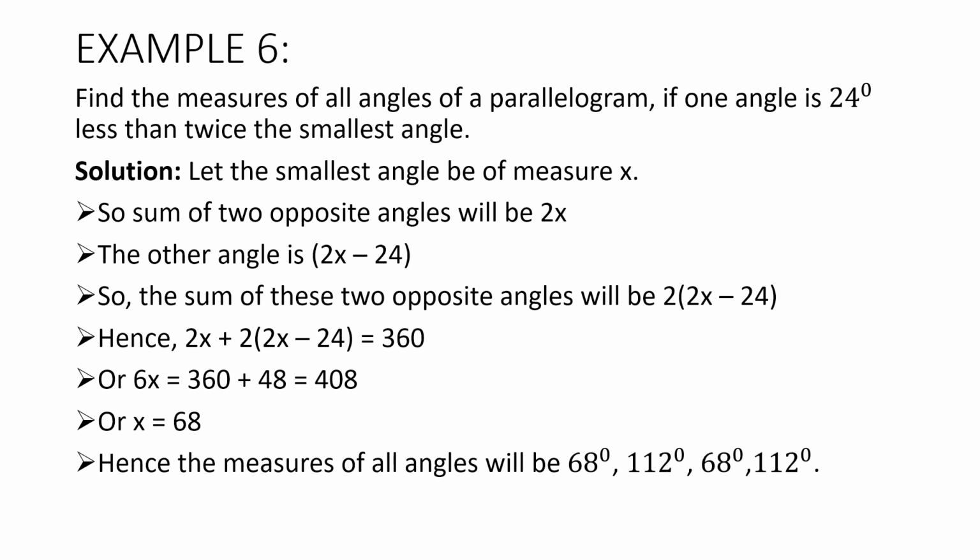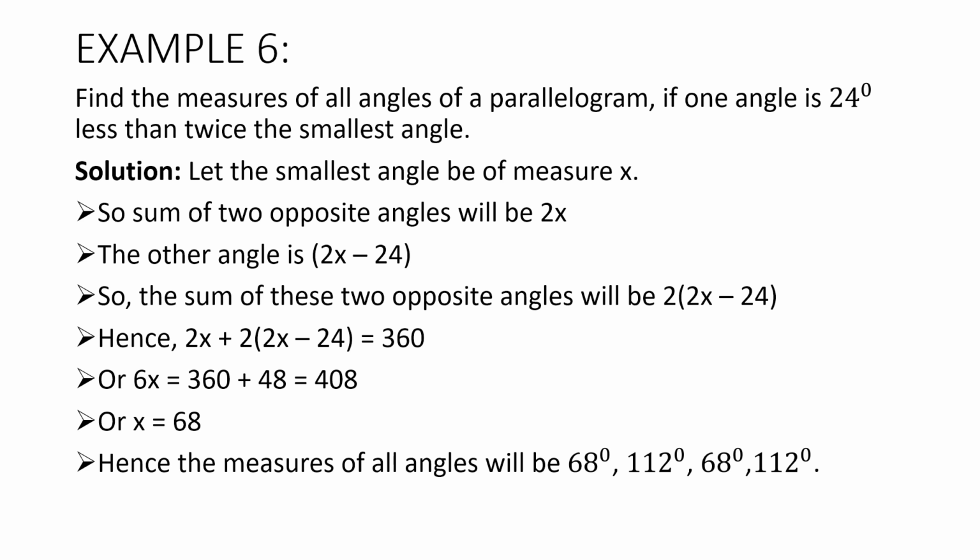Next example. Find the measures of all angles of a parallelogram if one of the angles is 24 degrees less than twice the smallest angle. Now, suppose the smallest angle is of measure x for the parallelogram. We know that two opposite angles will be equal, so the sum of the two opposite angles will be 2x. The other angle is 24 degrees less than twice the smallest, so 2x minus 24.